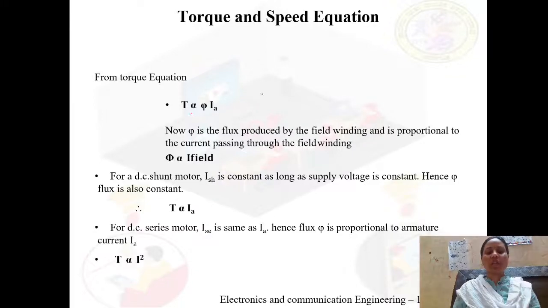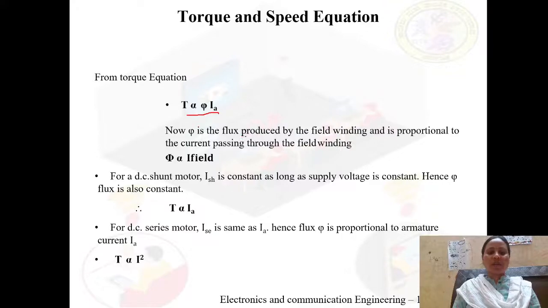From the torque equation, we know that it is 0.159 phi Ia PZ divided by A. Based on that equation, we can observe that the torque is directly proportional to flux and armature current. This we can observe from the torque expression, which we discussed in our earlier session.